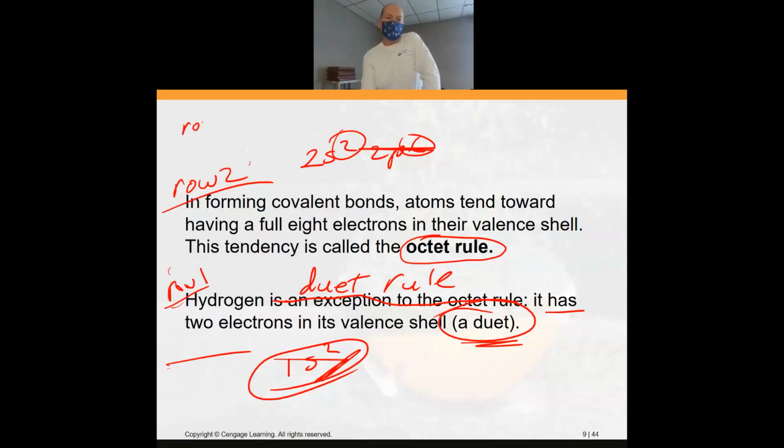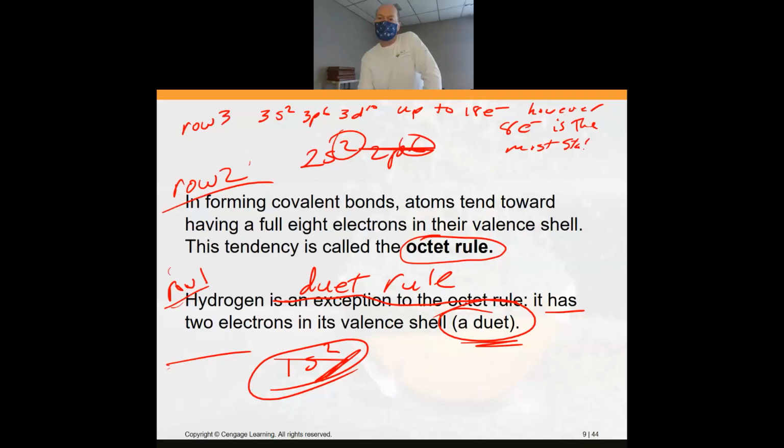Once we are in row 3, and energy level 3, then we have the 3s2, the 3p6, and we also have the 3d10. And so row 3 can have up to 18 electrons. However, 8 electrons is the most stable.